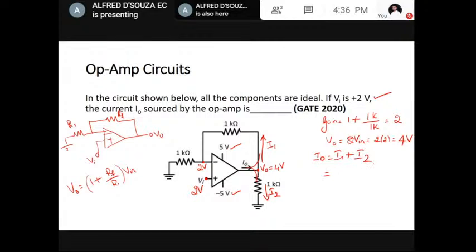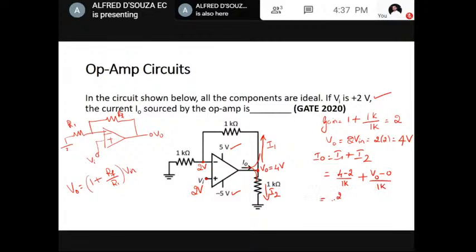So how much is I1? I know this voltage. I know this voltage. The potential difference across this resistance is 4 minus 2. Resistance is 1 kilo. So I can calculate I1. Similarly, I2. The voltage across this resistance, that is V naught minus 0, by 1 kilo.